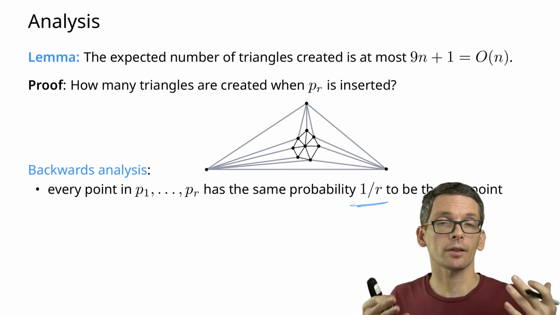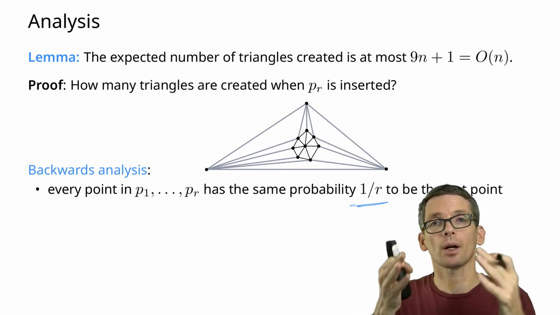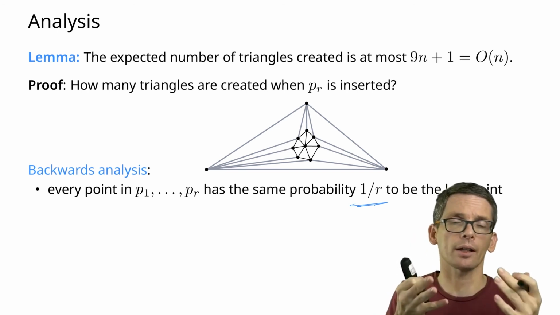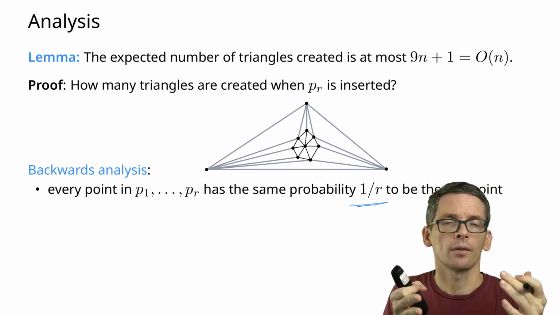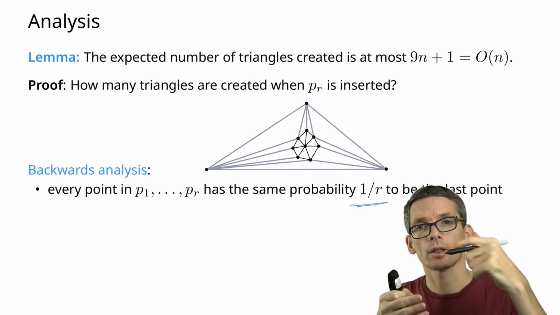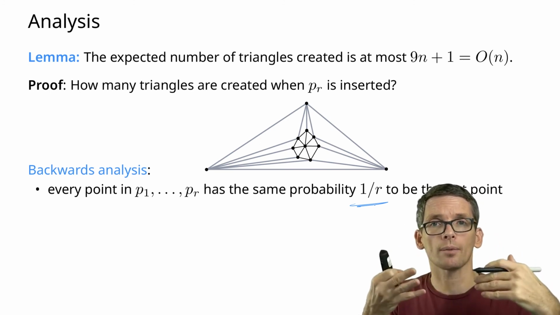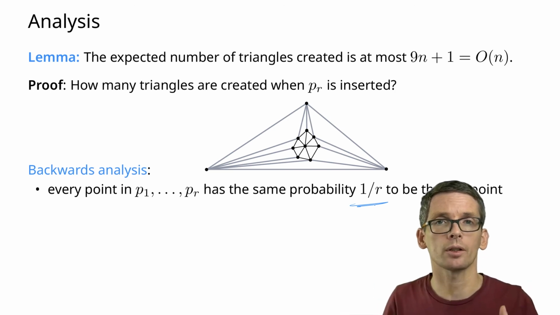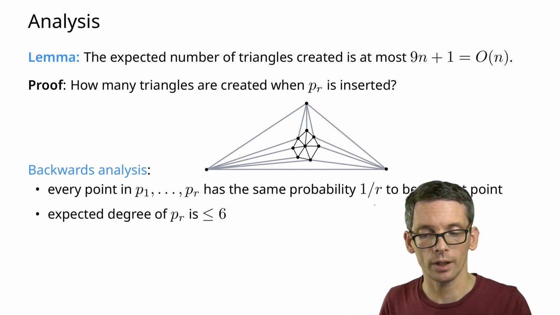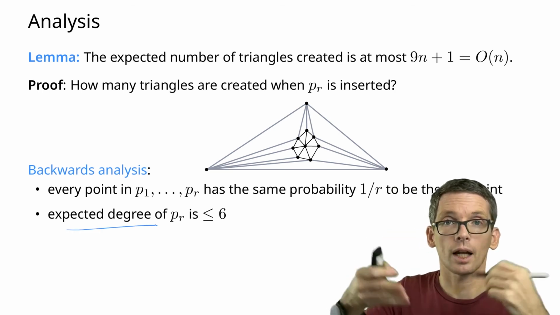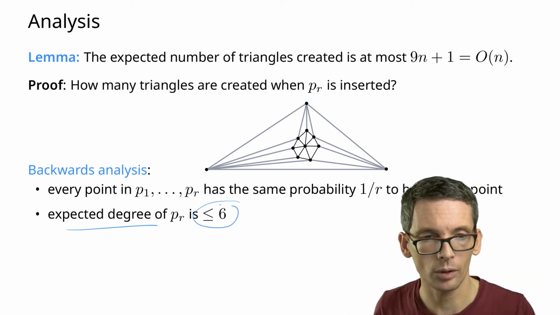We have that the overall number of edges is bounded by 3n for n points, or 3r for r points. The degree is the sum of degrees that is at most 2 times this. So if I sum up all the degrees, that's bounded by 6r, and then if I take the average degree, the expected degree of the last point is bounded by 6.